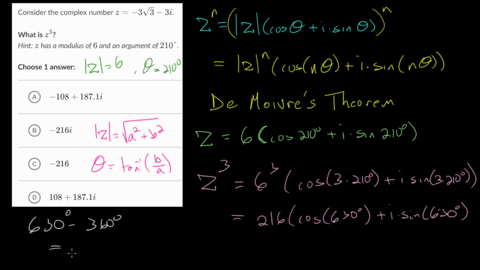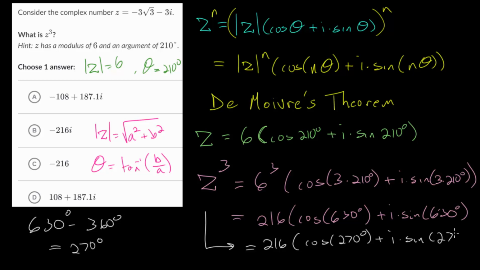After subtracting, we will find a 270 degree angle, meaning that our complex number raised to the third power would be 216 multiplied by the cosine of 270 degrees plus i times the sine of 270 degrees. And this is a special angle. If we consider the unit circle, 270 degrees would put us all the way to the negative imaginary axis.